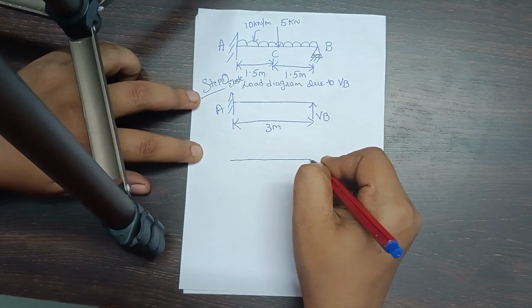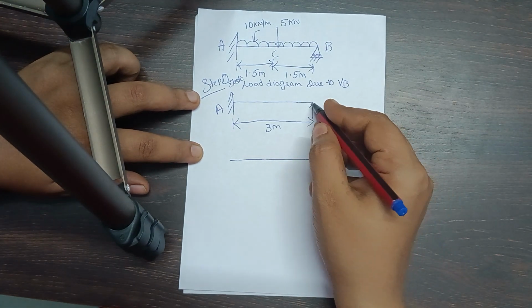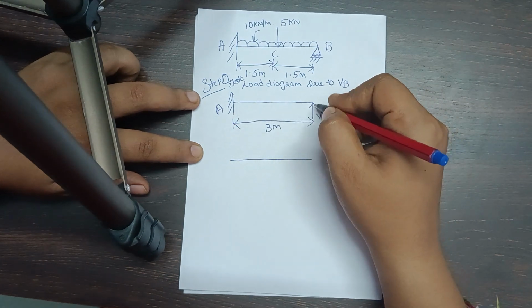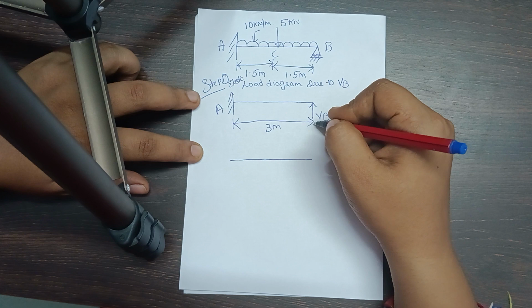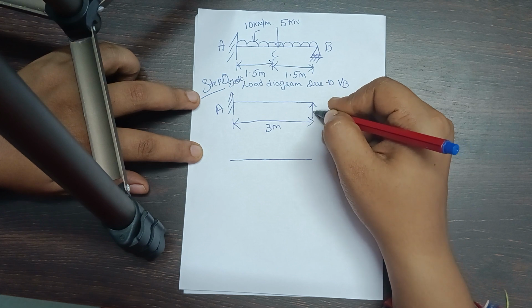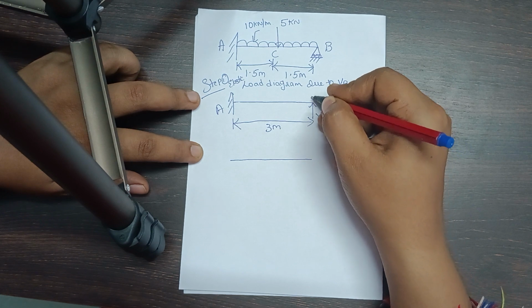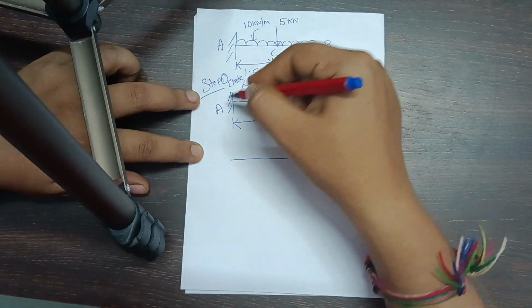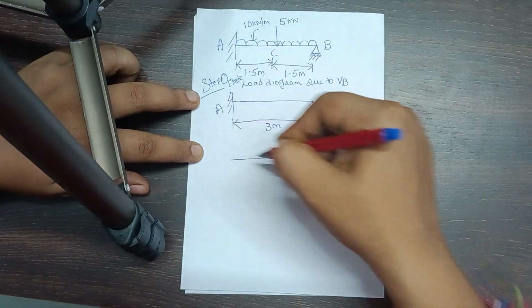So here again I'll write the base diagram. VB into 3 is going along the anti-clockwise direction. How is it anti-clockwise? Go along the loaded direction and touch the point A, it is anti-clockwise.